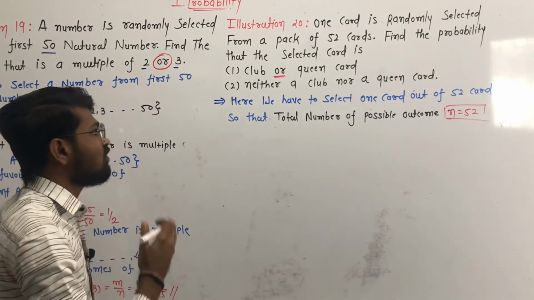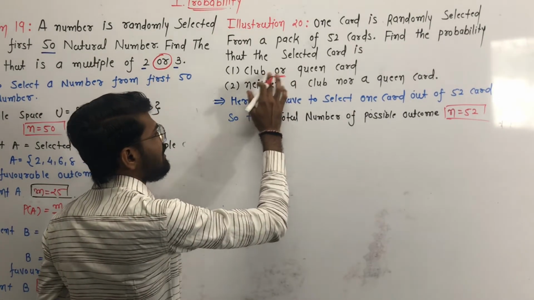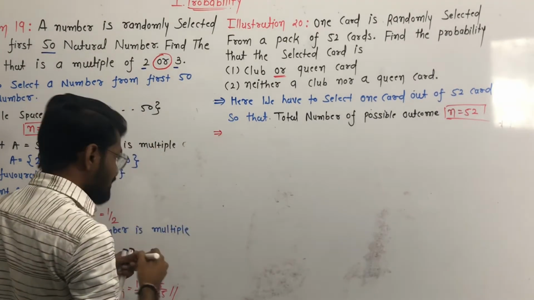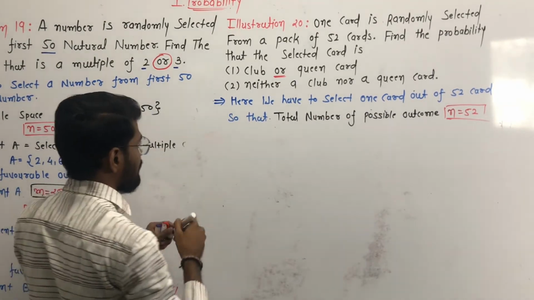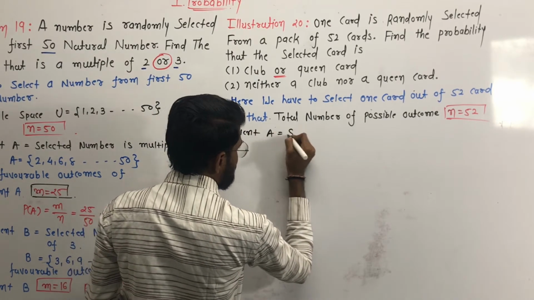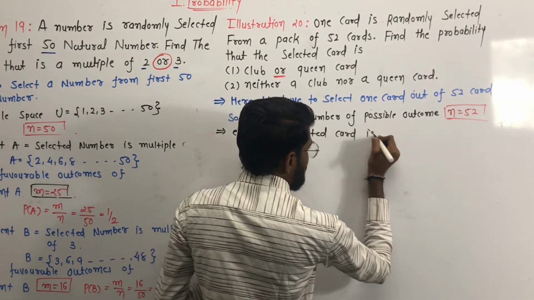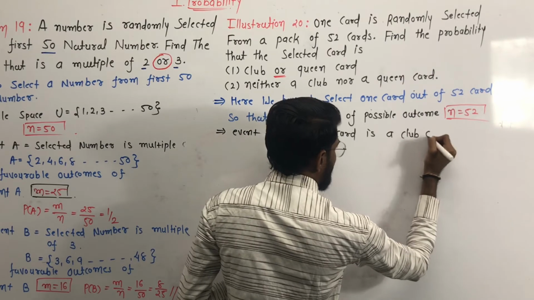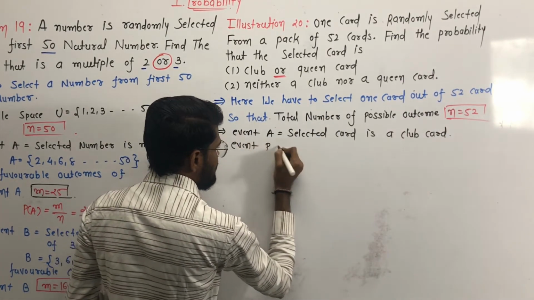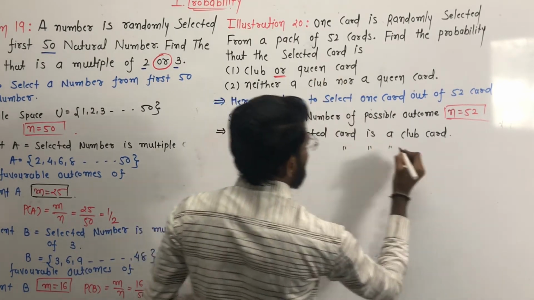Then we have to find the probability of the union of events A and B, because here it is "or". So suppose event A is that the selected card is a club card, and event B is that the selected card is a queen.